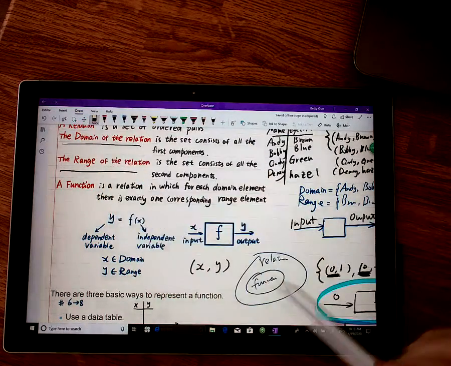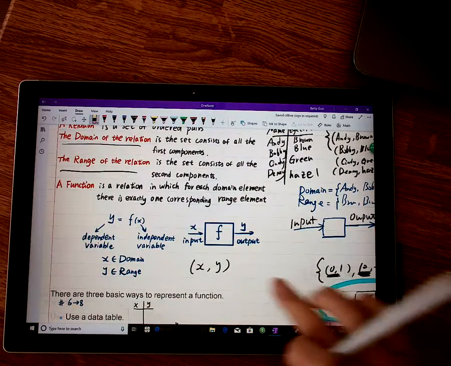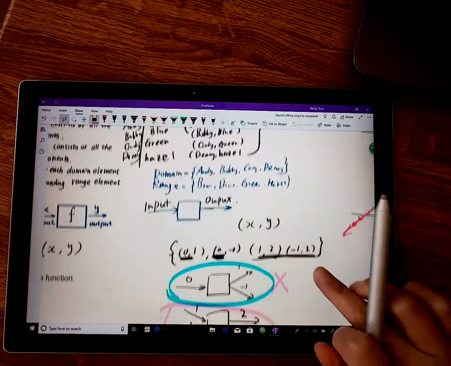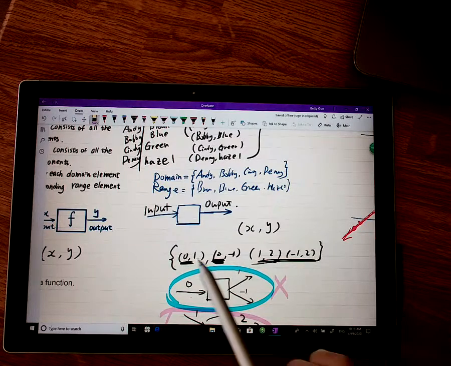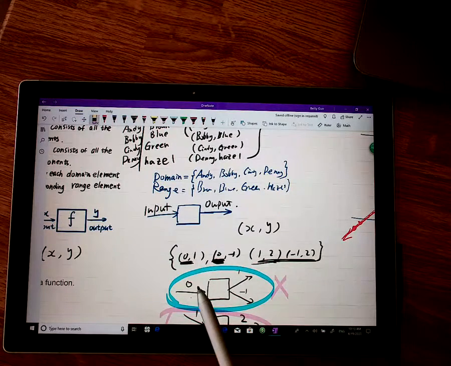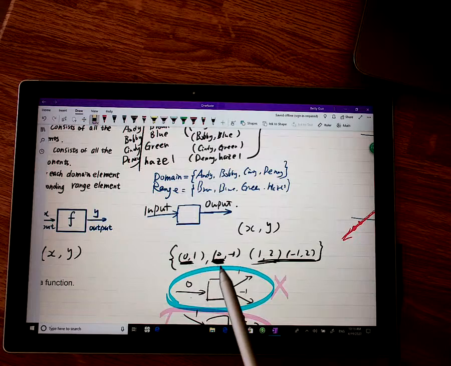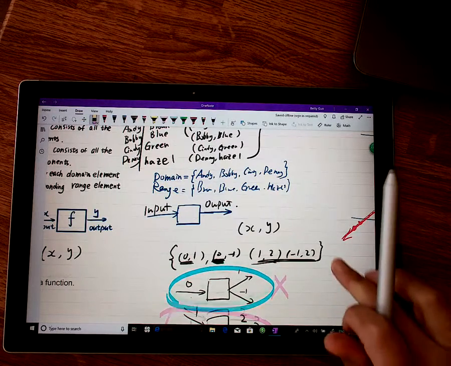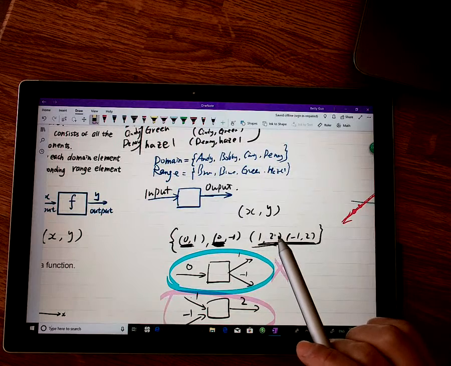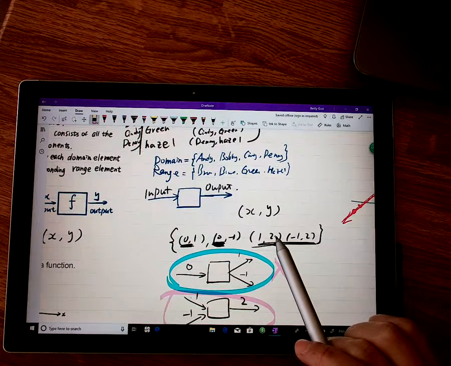For example, let's look at this relation. This relation is a set of 4 ordered pairs. The 4 ordered pairs are (0, 1), (0, -1), (1, 2), (-1, 2), right? Is this relation a function or not? Let's determine.